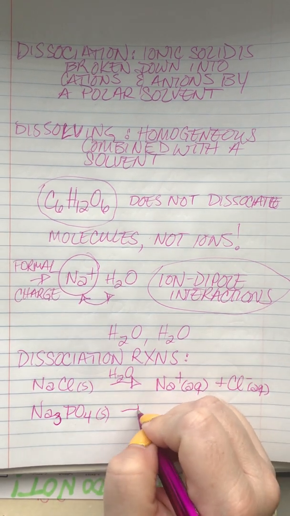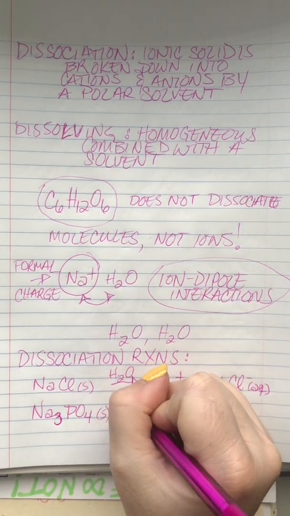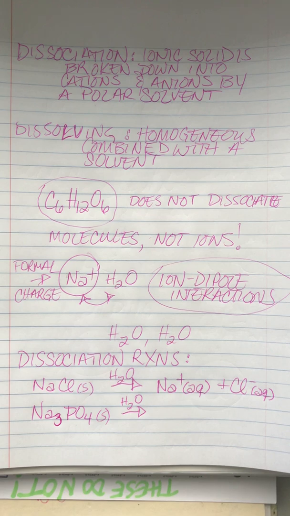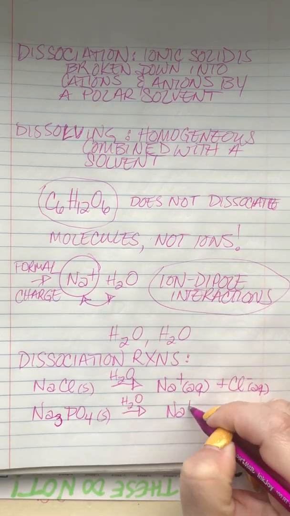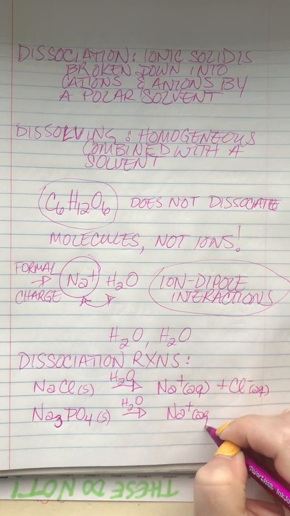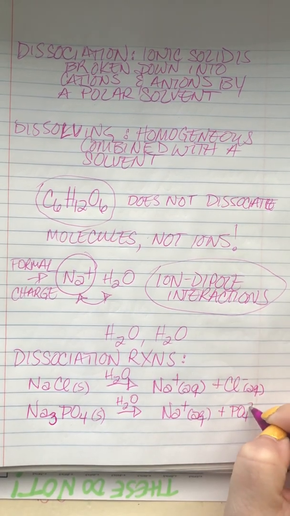So when we do the dissociation reaction for this guy, right? What ions are we going to get? Sodium. What else? And phosphate. And phosphate, right?